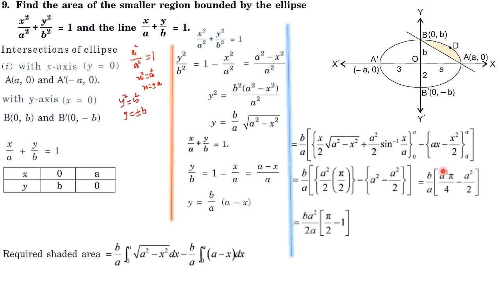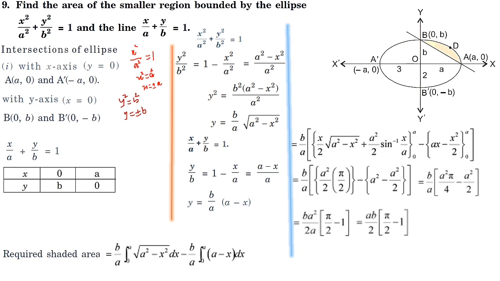And when we are considering the first term, a square is outside, so only pi is balance, that is written here, pi. Denominator 4 is there, out of 4, 2 is taken outside, only 2 balance, okay, that is written. Minus, second time when we consider a square, it is completely outside, and the denominator 2 is there, that also completely outside. So the entire term is outside, so the balance is 1. So b a square by 2a into pi by 2 minus 1.